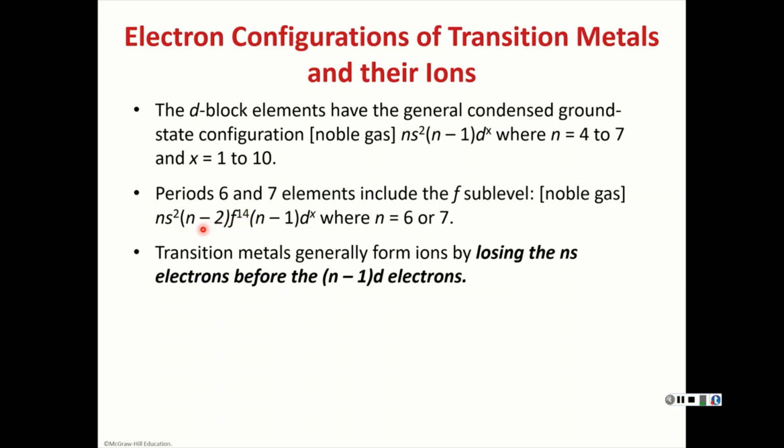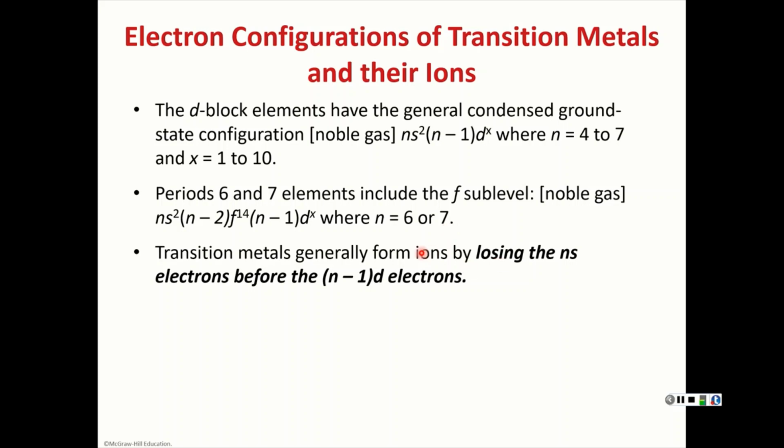And the principal quantum number for an f orbital is going to be 2 less than the row number, while for a d orbital it's 1 less. So (n-2)f14, and then again (n-1)d^x. Again, this is for the 6th and 7th rows of the periodic table.